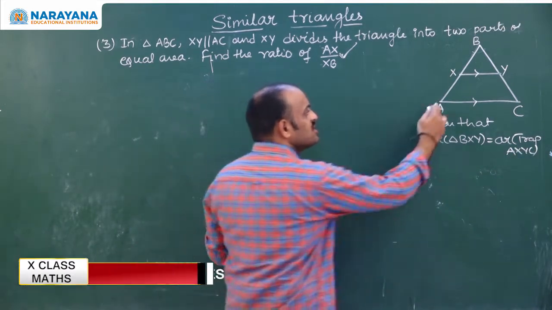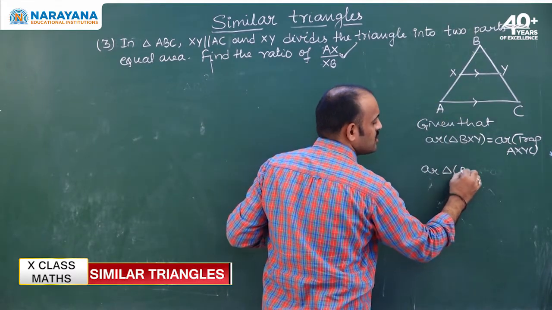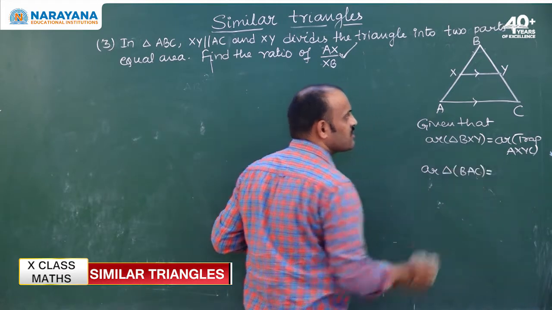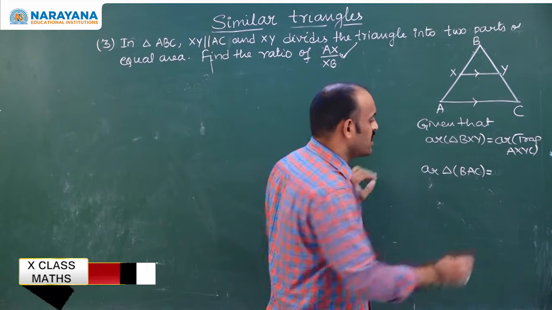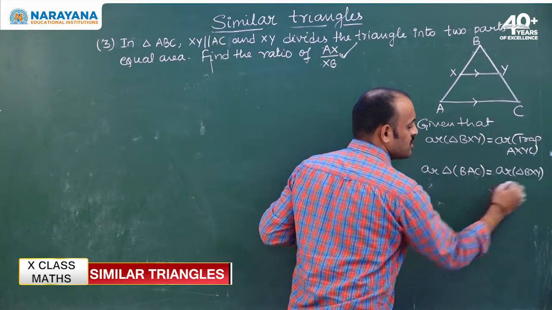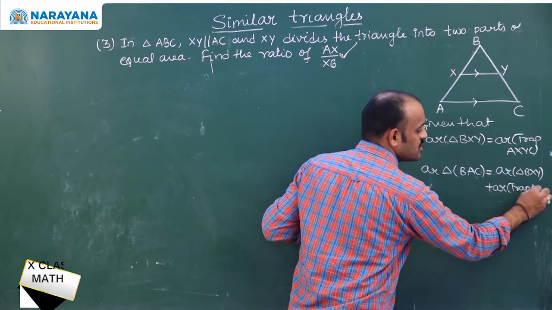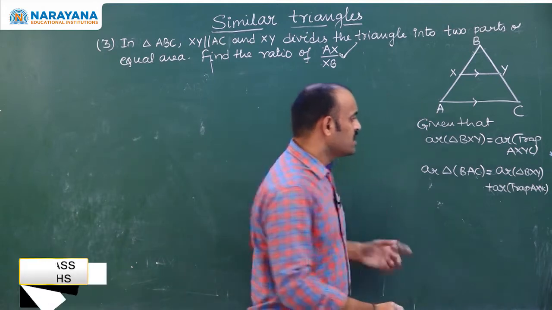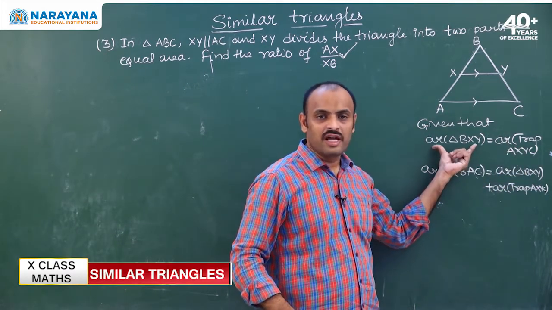Now, if you see the entire area of triangle BAC is equal to upper triangle area plus this trapezium area. That means area of triangle BXY plus area of trapezium AXYC. Instead of this area of trapezium, I can take this area of triangle.